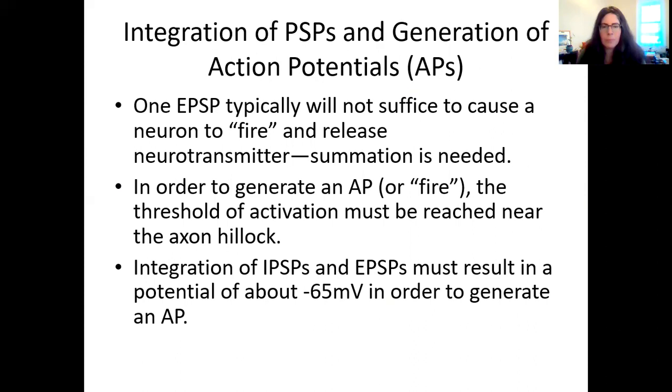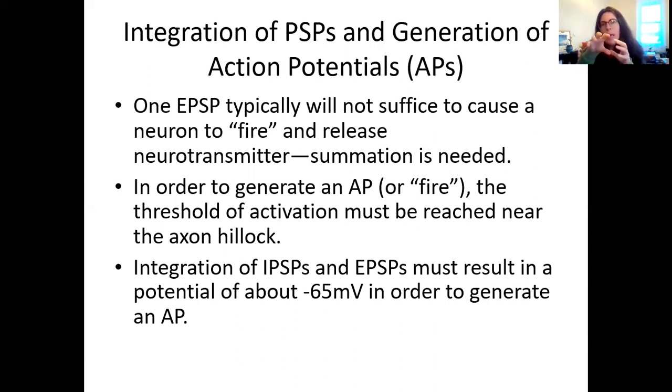Again, that threshold here on the slide says negative 65 millivolts. It ranges depending on the neuron. The peak of the action potential, the peak of depolarization, changes depending on the neuron, but it's approximately negative 65 millivolts.